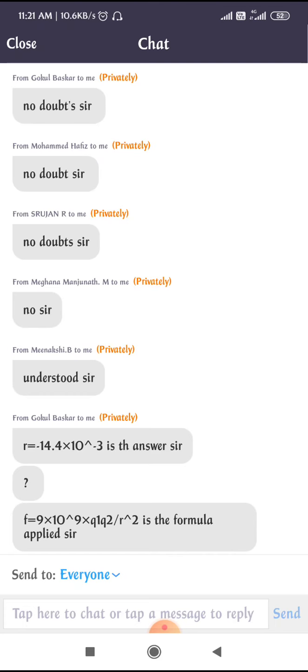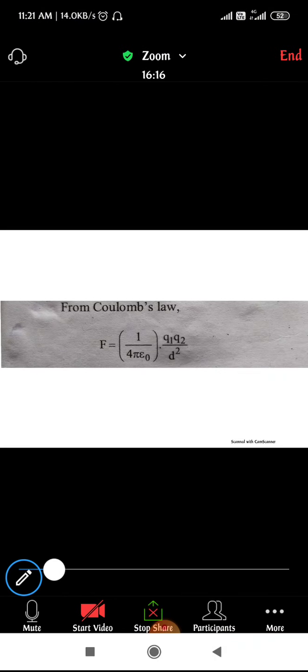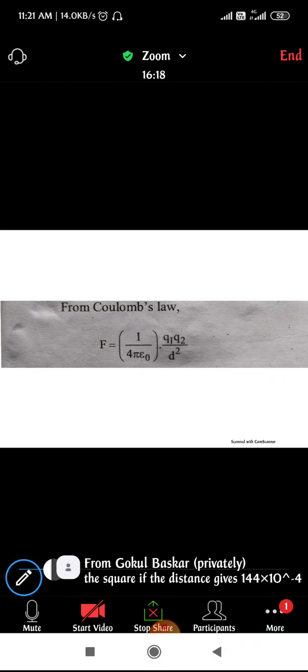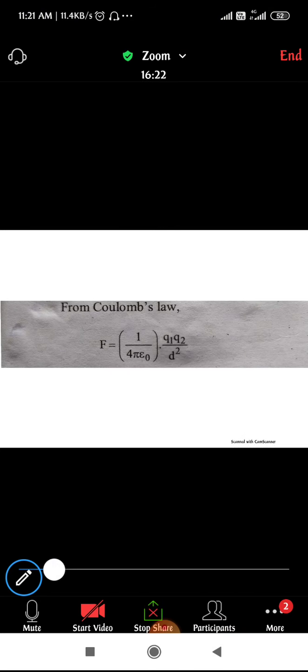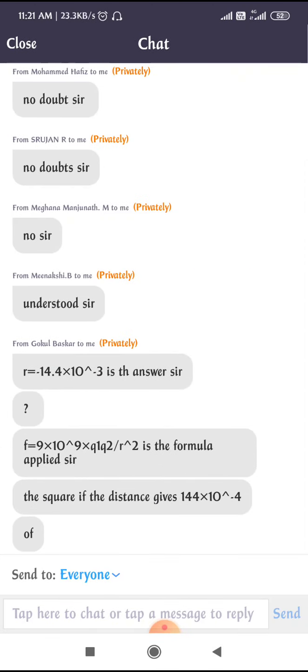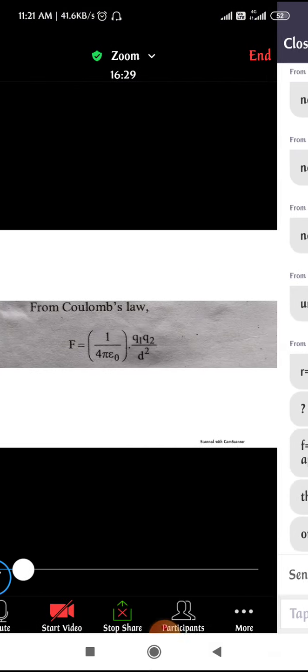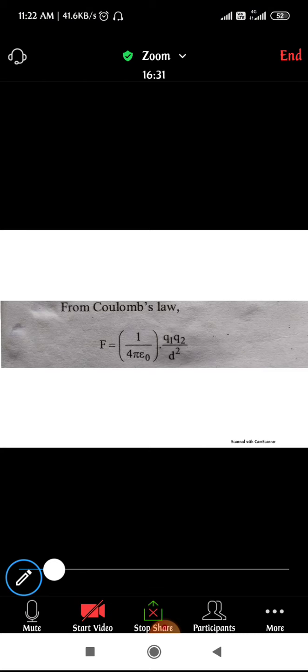Yes, Gokul, it's the same formula what you said. The square of the distance gives 144 into 10 to the power of minus 4. Okay, fine. It is almost correct, what you said.